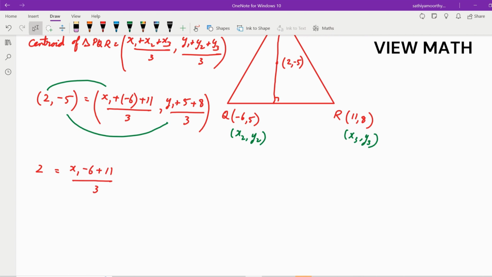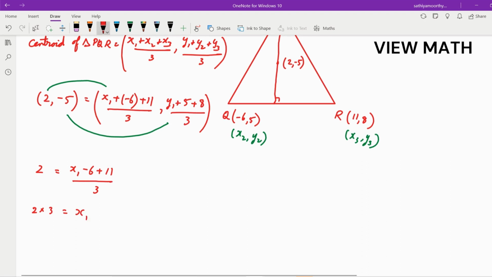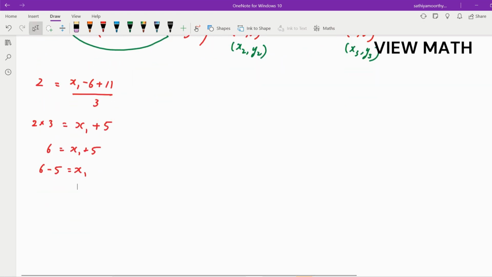Now 3, if I bring it to the other side, it becomes 2 into 3, which is equal to x1 here, minus 6 plus 11 is equal to plus 5. Here 2 3s are 6 is equal to x1 plus 5. Now 5 I am bringing to the other side, it becomes 6 minus 5 is equal to x1. Therefore x1 is equal to 1.